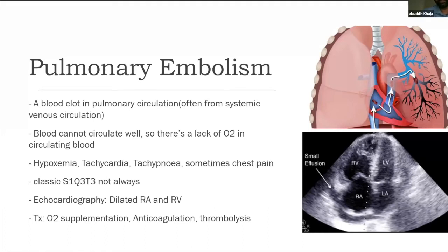Once you put the probe in, you can see the dilated RA/RV. As you can see from this picture, if you compare it with the left side, it's quite dilated, and that can aid our decision making and diagnosis that this could be a PE. Treatment is oxygen supplementation, anticoagulation, and then thrombolysis.